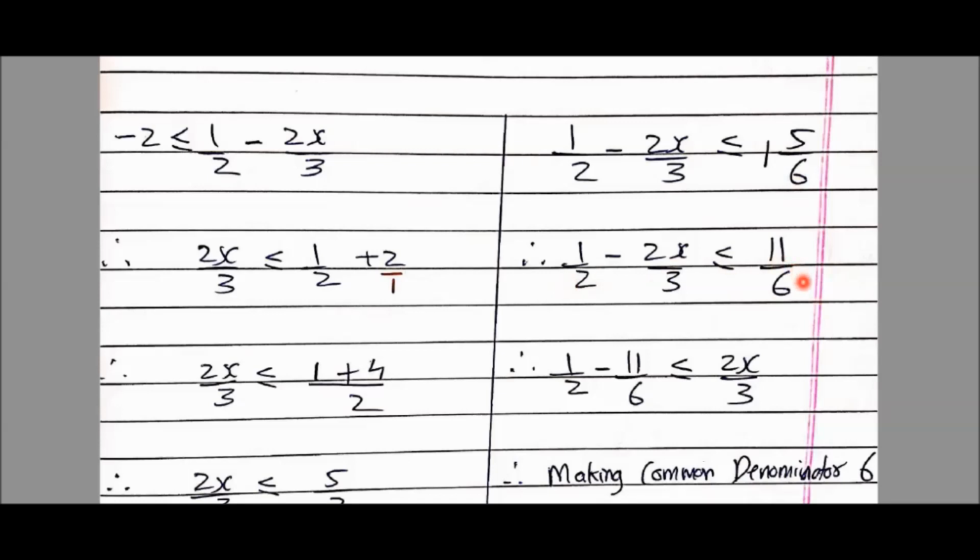Rest everything here same. My first aim will be, I'll make this fraction which deals with x a positive fraction, because I don't want x to be negative. So this entire minus 2x upon 3 goes on right, so becomes plus 2x upon 3. Half remains here as it is half. 11 upon 6 comes on the left hand side, becomes minus 11 upon 6. Now if you closely observe, this is important thing.